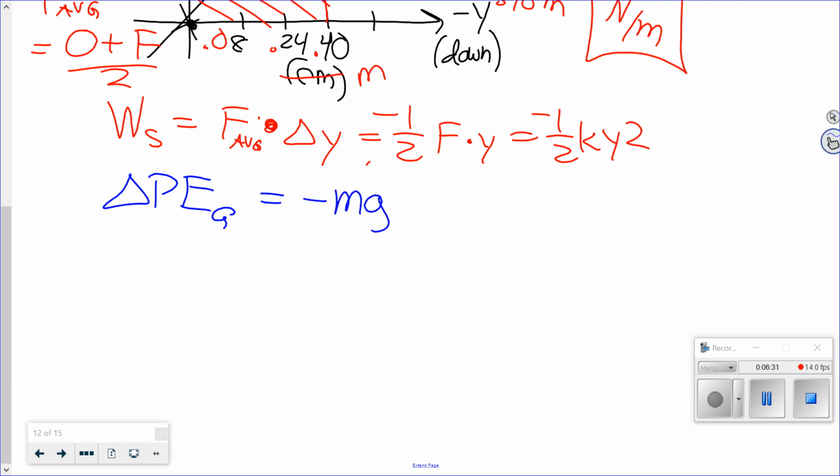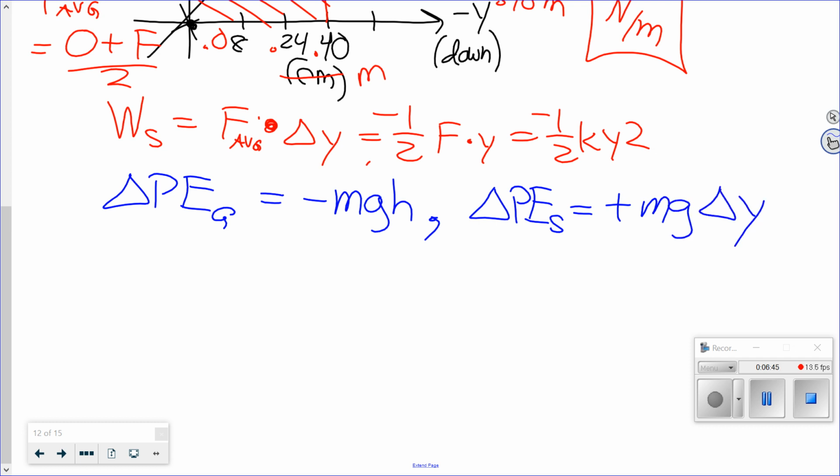But the potential energy of the spring increased by mg delta y. And so we could also say, if we wanted to do some fancy physics and solve a problem, mg delta y equals 1/2 ky squared. And it could technically be delta y squared.